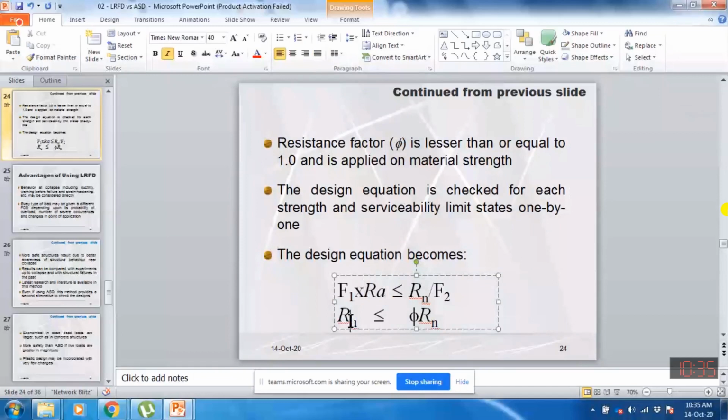So if Rn is divided by F2, then 1 over F2 is also referred to as phi, or the strength reduction factor. So Rn is just the nominal capacity without any reduction. If we multiply with the phi value, this capacity will be referred to as the design capacity. Design capacity means the capacity that we have considered after reduction.